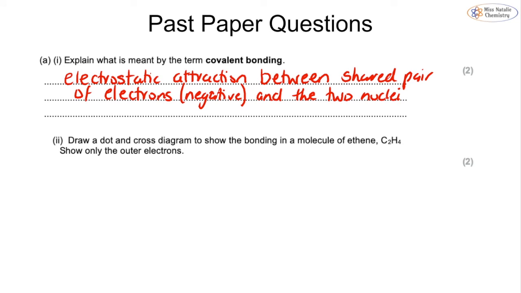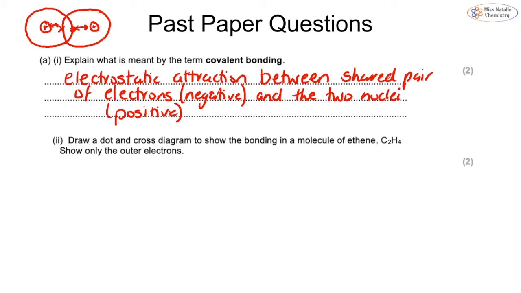Okay, we don't say nucleuses, we just say nuclei, and that's because that is our positive. You could even potentially draw a diagram if you wanted, where you had your overlap and you had your electrons and your nucleus like that, and you could show that there's an electrostatic attraction here, but the best thing to do is to explain in words. So the electrostatic attraction between the negative shared pair and the positive nuclei.